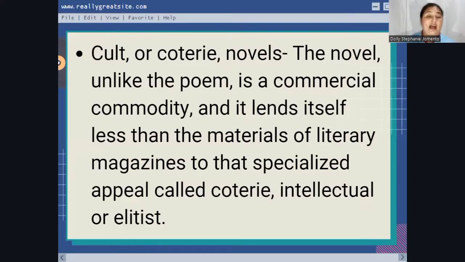So next we have cult or coterie novels. So the novel, unlike the poem, is a commercial commodity and it lends itself less than the materials of literary magazines to that specialized appeal called coterie, intellectual or elitist. It is fiction which has attracted a large following of loyal fans and supporters.